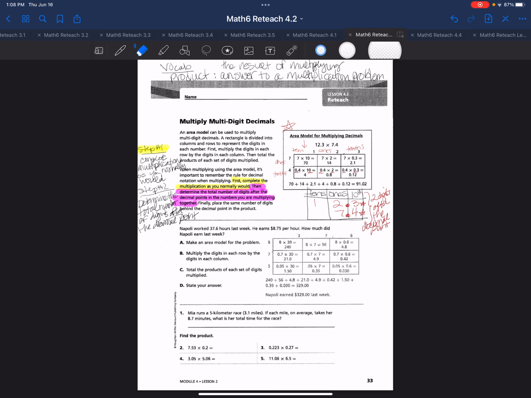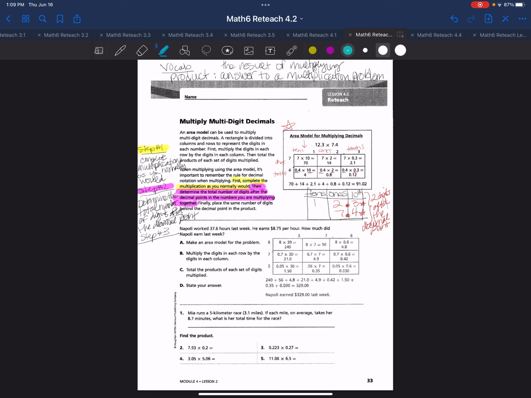So we're looking at determining how many digits after the decimal point. So in this problem, there are 2 digits after the decimal point. And then we go to step number 3.